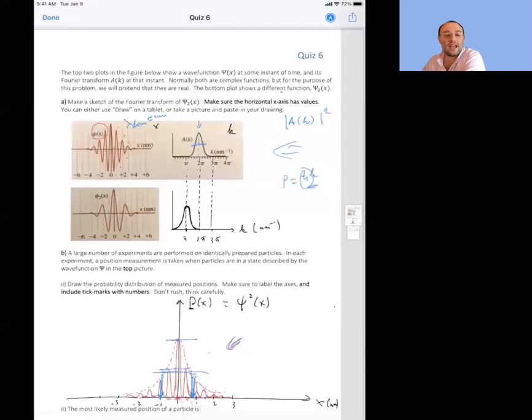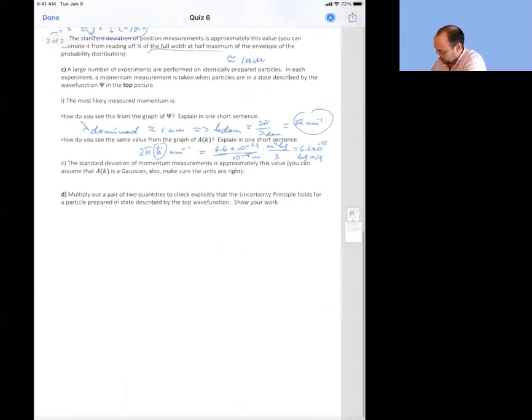And so judging the standard deviation as 1/2 of the full width of this quantity, and then multiplying by h bar, the answer will be between pi over 4 h bar and pi over 2 h bar, depending on how you measure. So pi over 2 h bar per nanometer to pi over 4 h bar per nanometer.